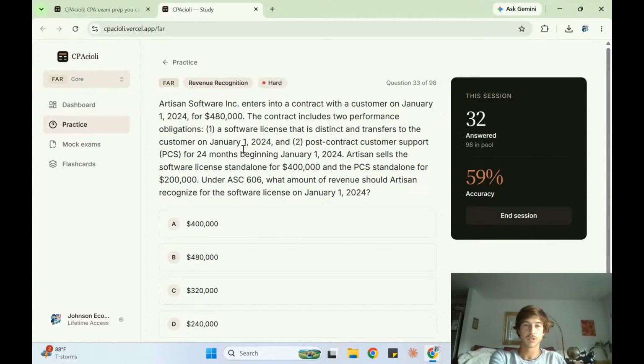Okay. So revenue when recognized. Hmm. Should be the full software license. Okay.